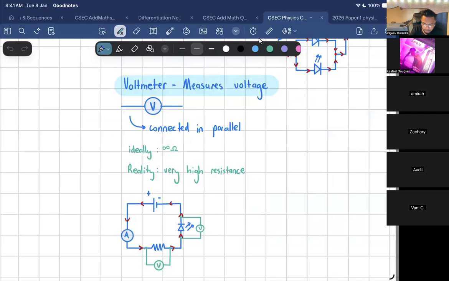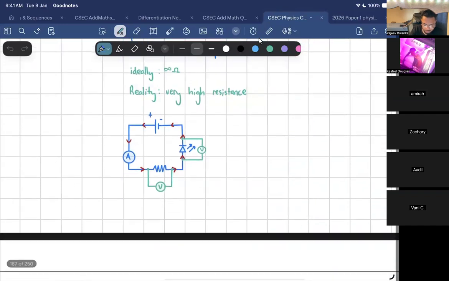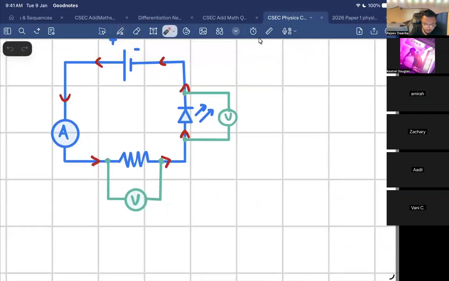Because a voltmeter is in a parallel circuit. So what happens in a parallel circuit, Adil and Kestrel? It splits the current. Yeah, do I want the voltmeter taking up any current from the circuit?